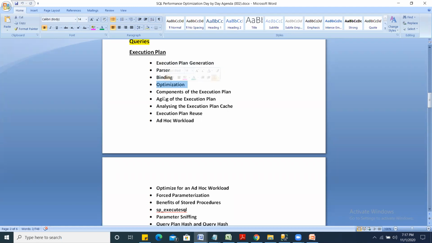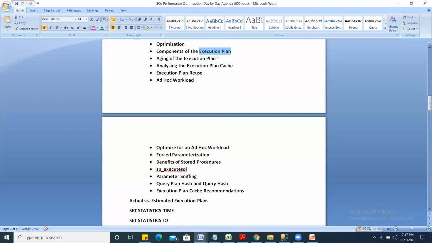All these things we will discuss. What are the different components of an execution plan, we will discuss. How execution plans are trimmed out or flushed from the plan cache by the lazy writer, we will discuss. How you can analyze the plan cache. These are the things we will discuss.